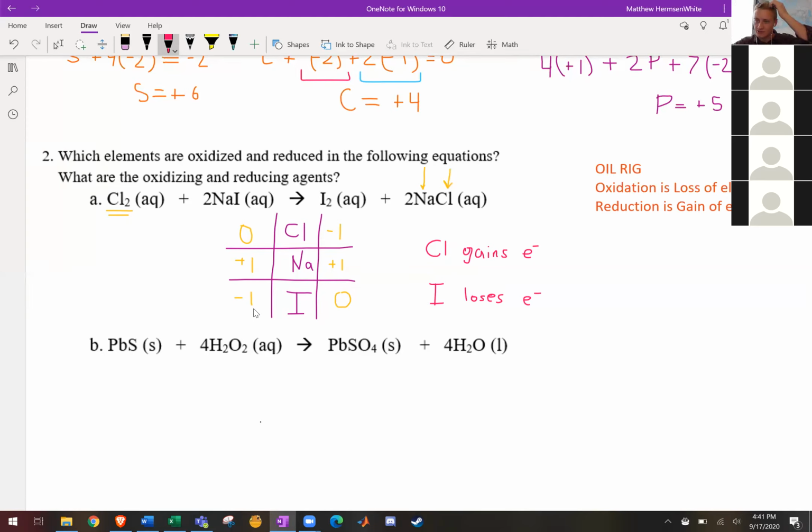Couldn't you just ignore the charges when you do that then? Say that again, Ben. Couldn't you just ignore the charges if you were thinking about it that way? Explain what you mean. So if you're going from 0 to 1, that's gaining, whether it's a negative charge or not.